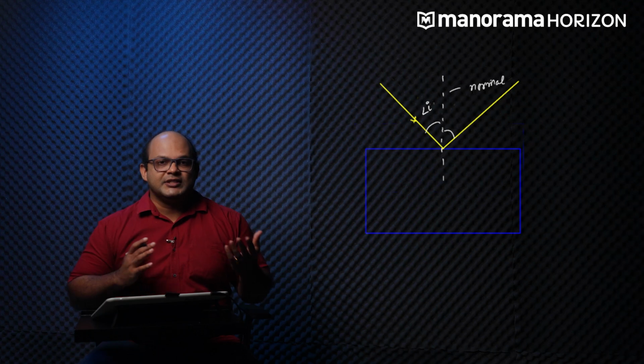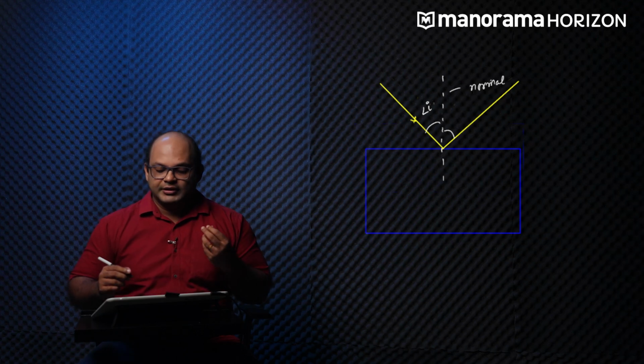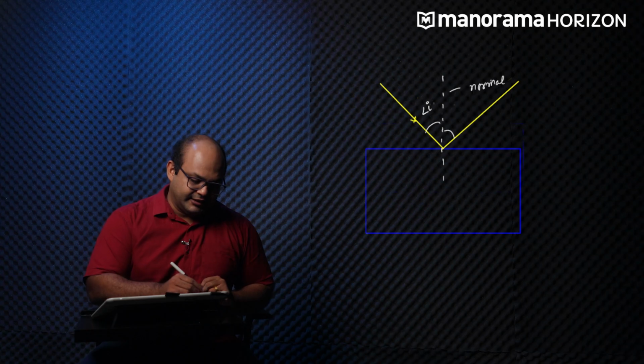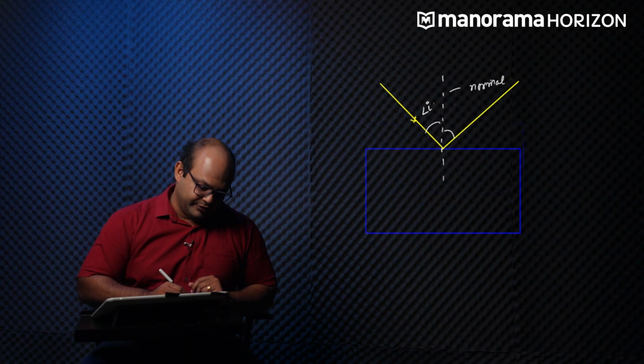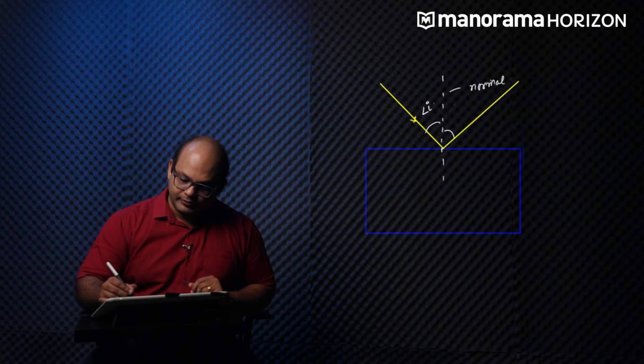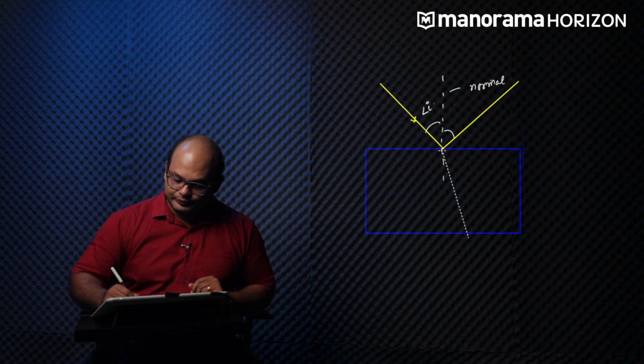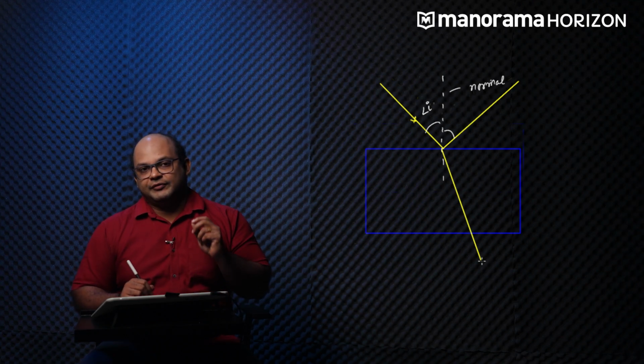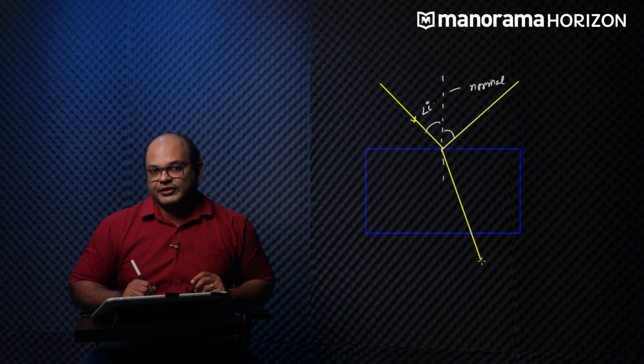Because of this mismatch between their speeds, there is going to be some change in the path of the light. You will notice that instead of traveling straight through the glass, the light is traveling at an angle, something like this. So it is not the same angle at which it entered the glass interface.